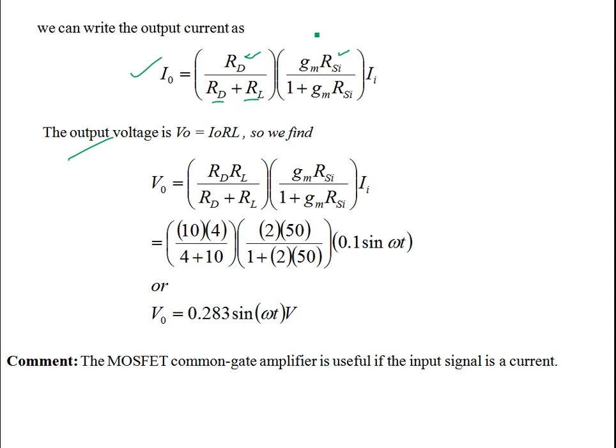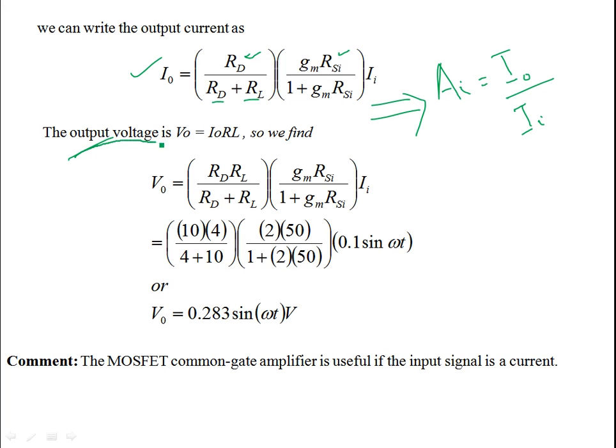If you do so, you find this RD, RL factor is 40 divided by 14, and then you have gm. This relationship is only going to give you the current gain AI, as IO by II.